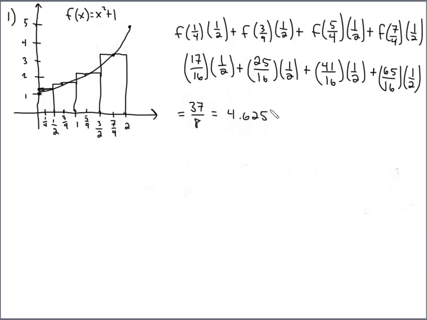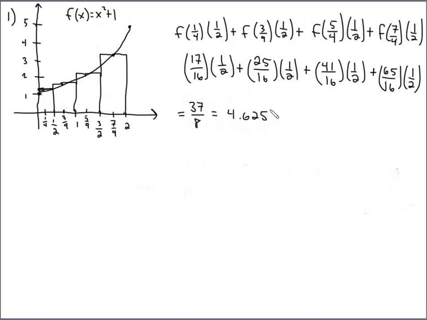Okay, now if you compare that to the other answers that we got, what did we get? 3.75 and 7.375. This one is right between them, so this one is actually a better approximation than the other two, as we had already seen.